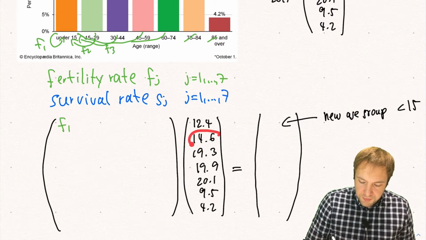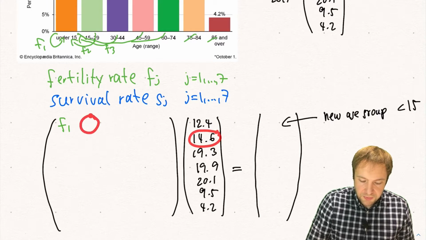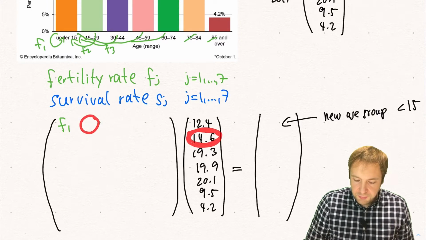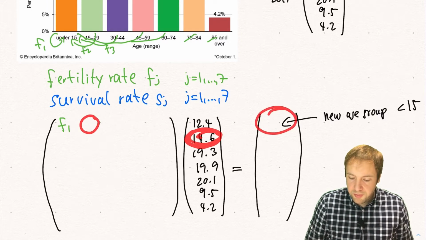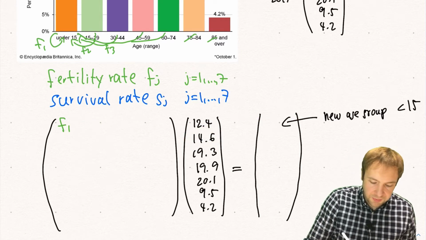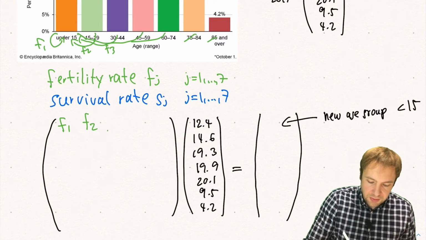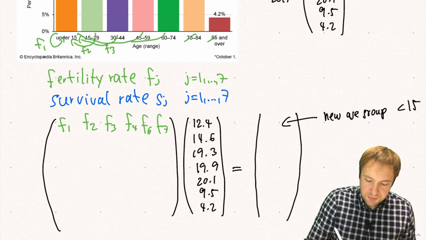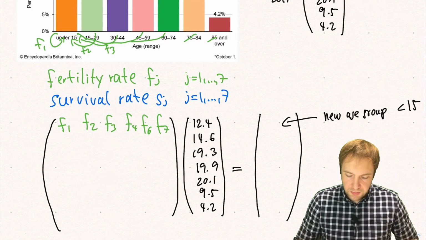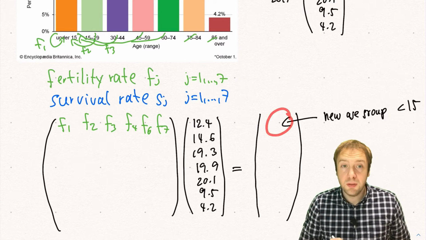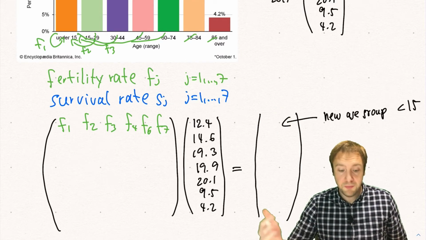And then from this part, this factor here means how many of these people will contribute to this factor here. And this is exactly the fertility rate f2. And then we have f3, f4, f6, and f7. And this will give the new under 15-year-olds after 15 years.